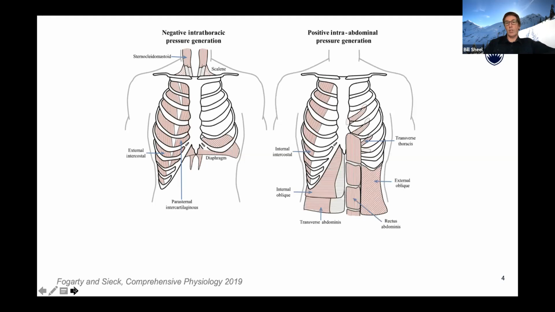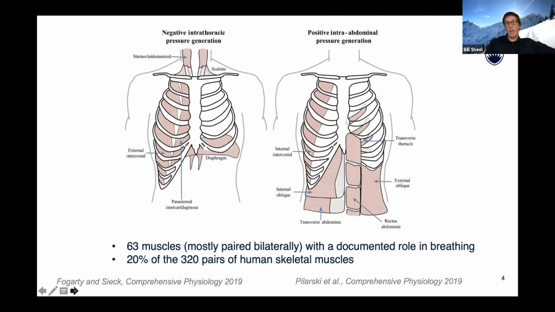But we also need to consider the expiratory muscles, those that generate positive intra-abdominal pressure, so you can expel air. Of note is that a number of these muscles not only have respiratory function, but they also have postural and locomotion roles. It's a nice summary in the last year or two describing the respiratory musculature. And I think sometimes this is underappreciated, that there are 63 muscles or so with a documented role in breathing.